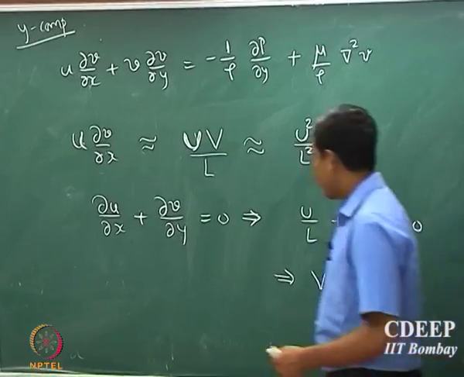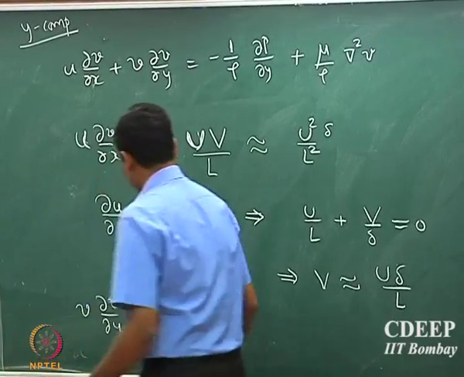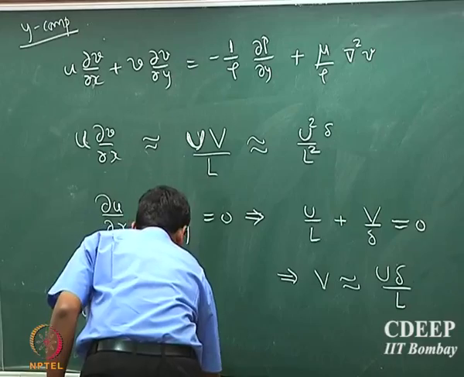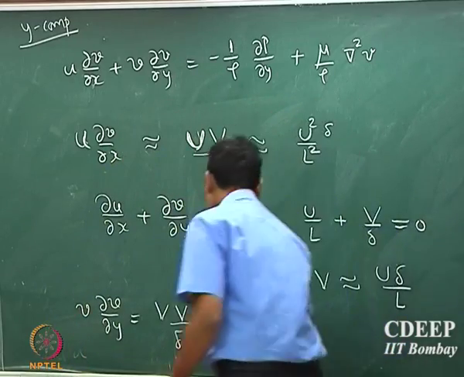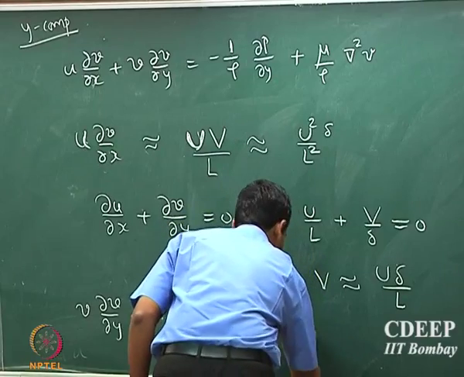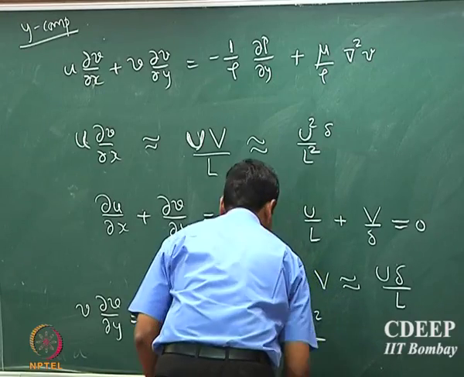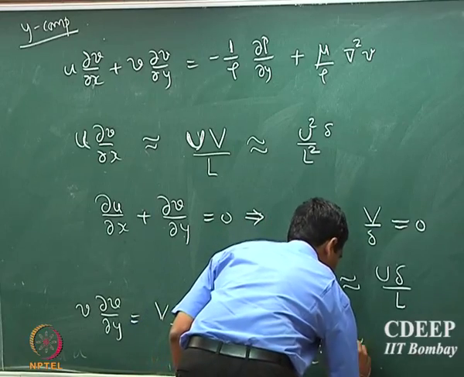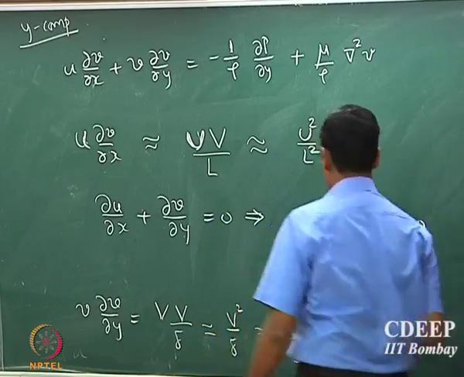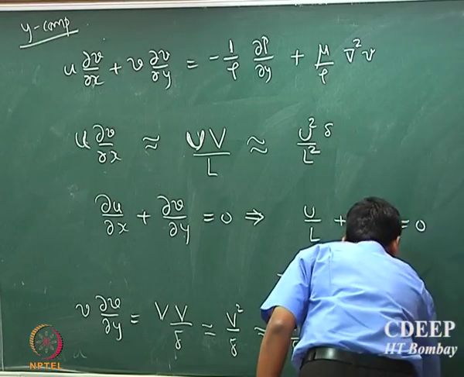Okay. Now if we look at v dv by dy, v scales as capital V and dv by dy scales as V by delta. Okay. So that will be V square by delta, and that will be U square delta square divided by delta into L square. So that will be U delta by, oh I missed an L, U square delta by L square.